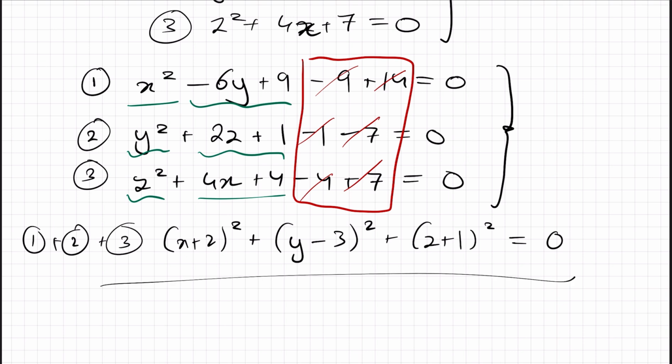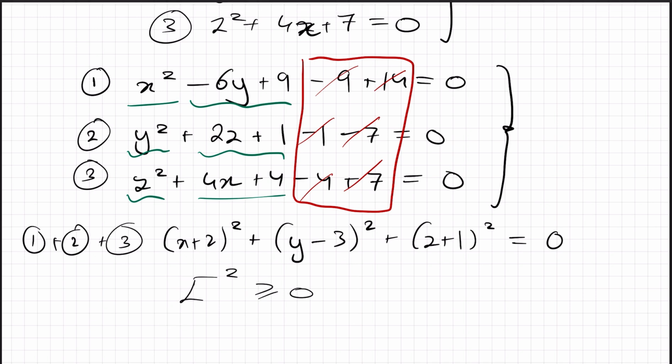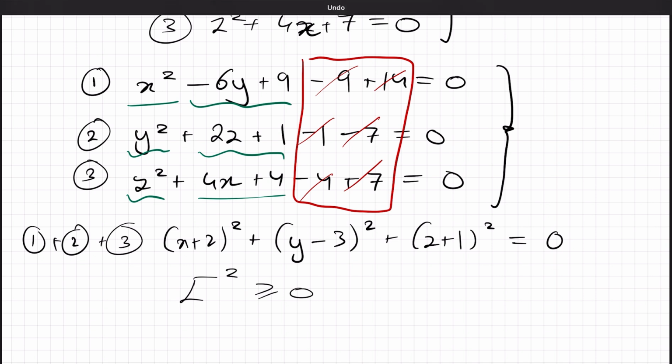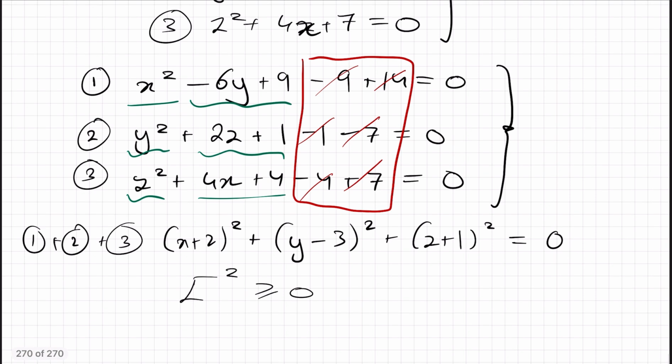So now what we need to use is the fact that anything squared, I'll just use the letter I to represent anything, I squared is always greater than or equal to 0, because a square number is always greater than or equal to 0. And so you'll see if it's equal to 0, the only way this can happen is if each one of these terms is equal to 0, right?